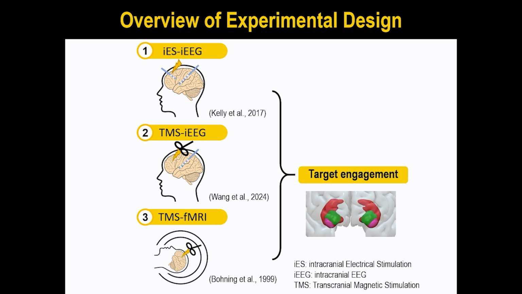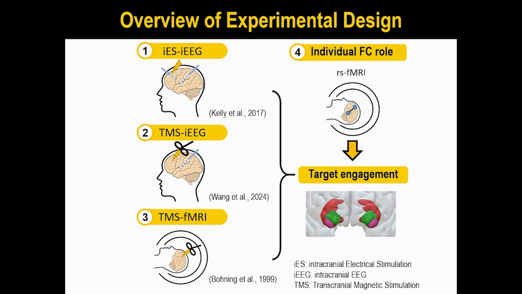So with these three methods together, we can provide definitive empirical evidence of the target engagement for the subcortical regions. Furthermore, we also evaluated the relationship between the individual functional connectivity assessed with the resting state fMRI and the target engagement assessed with these three methods I described just now.